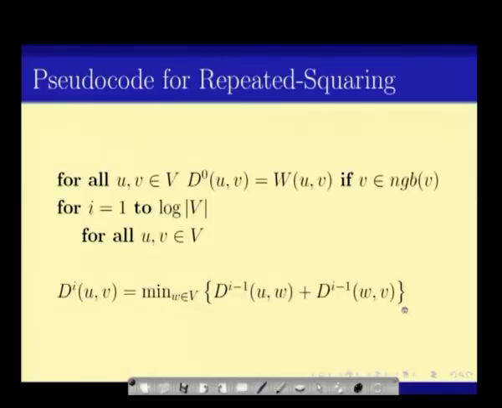So, basically the pseudocode is exactly this, and we just keep on updating this table D_UV up to log V number of steps, because when you reach log V number of steps, by definition of D_iUV, it is the shortest path of U to V in less than or equal to 2 to the power log V, or V, number of steps, and that will be perfect for us.